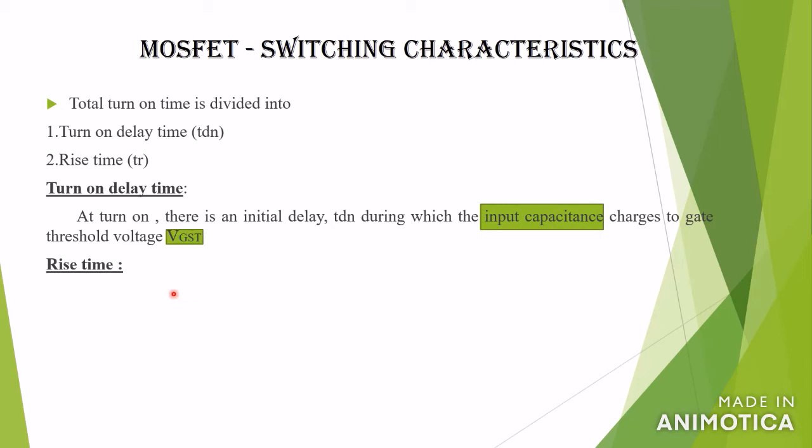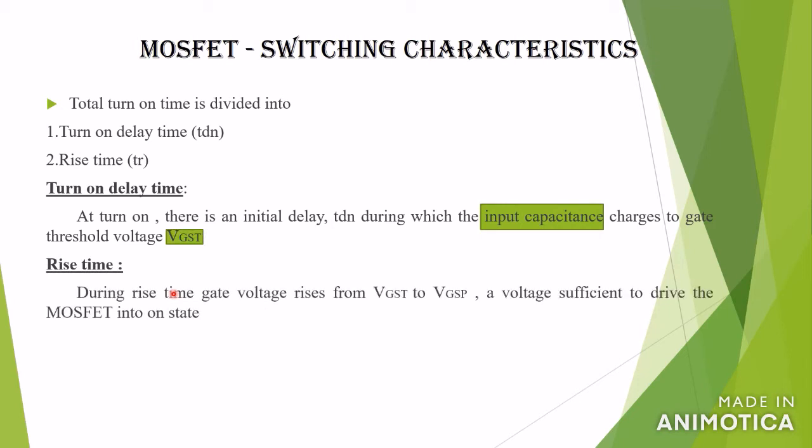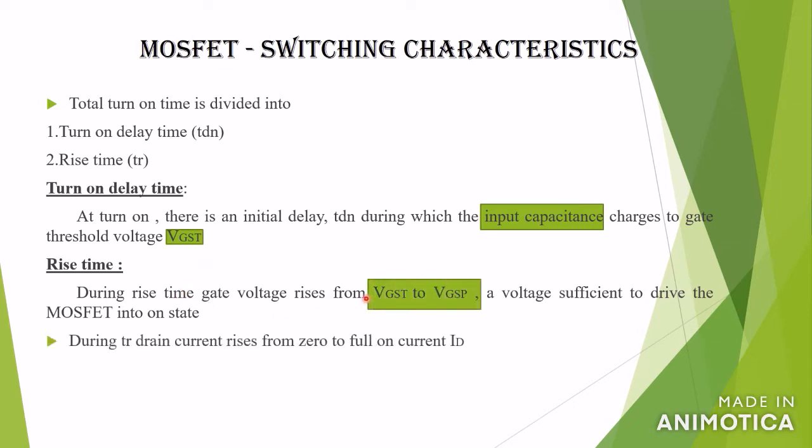Next, rise time. The capacitor will further charge from this threshold voltage VGST to VGSP. VGSP is the peak value. This value is sufficient to drive the MOSFET into the on state. Once the voltage exceeds this threshold voltage, the drain current will start flowing through the device.